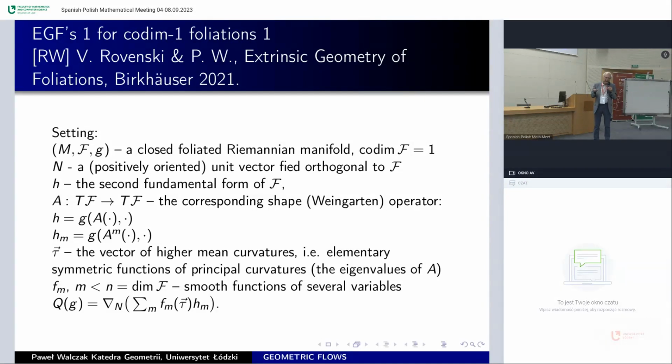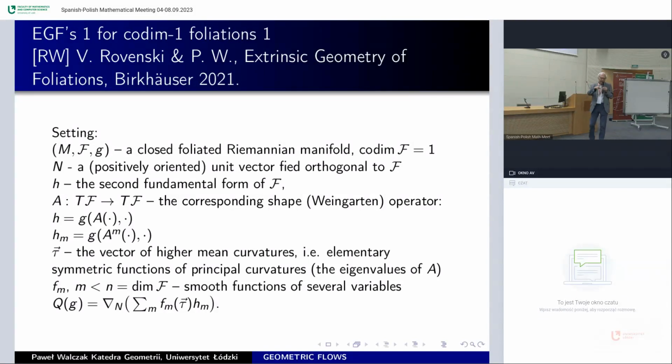Foliation of codimension 1 means just that you have a manifold filled with submanifolds of dimension less by 1 and located nicely in the whole space. Located nicely means that locally this family of submanifolds, called leaves, looks like sheets in a pack of printer paper.